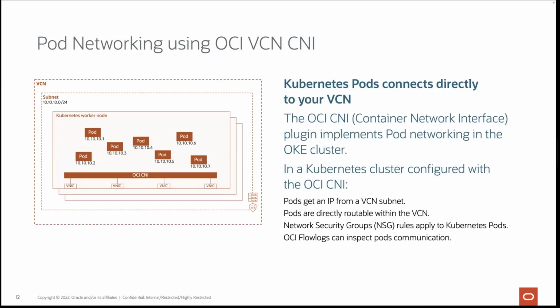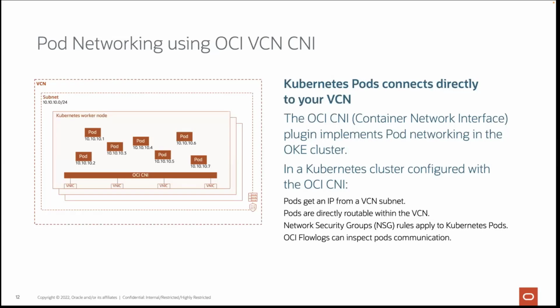So we recently released a new container network interface plugin, or a CNI plugin, that will provide pods with an IP address from the VCN CIDR range, resulting in the same network performance as virtual machines with no additional overlay required.